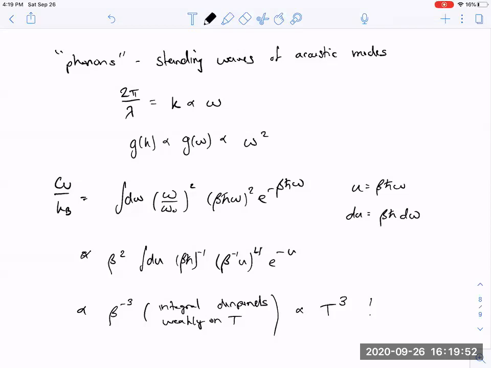And at low temperature, invoking a model for how many frequencies there are at low frequency, the so-called Debye model, we can now predict the temperature dependence of that heat capacity, again, as inherited essentially from a calculation of the partition function.